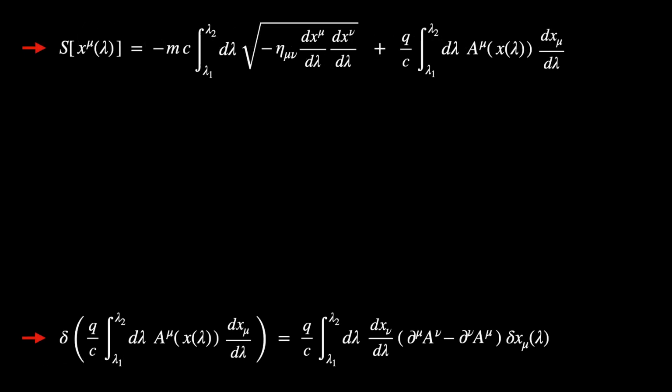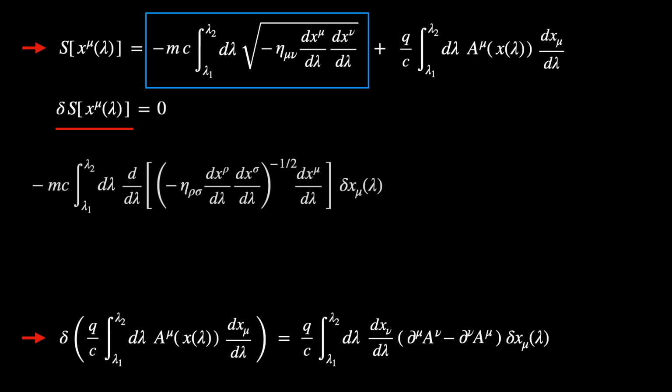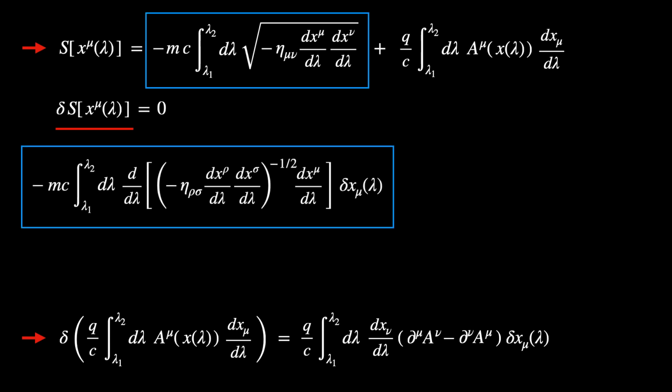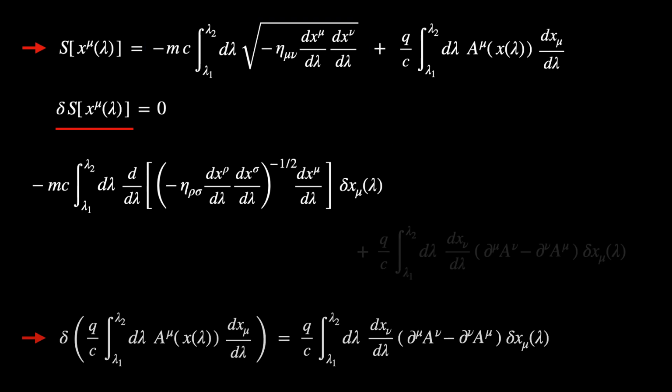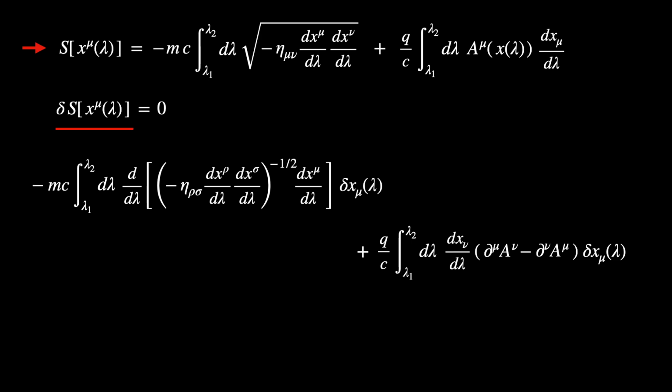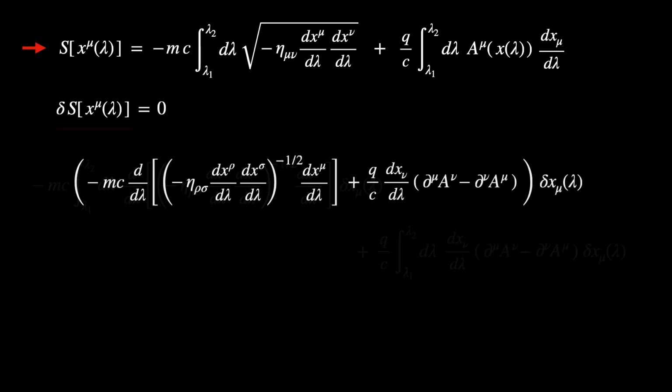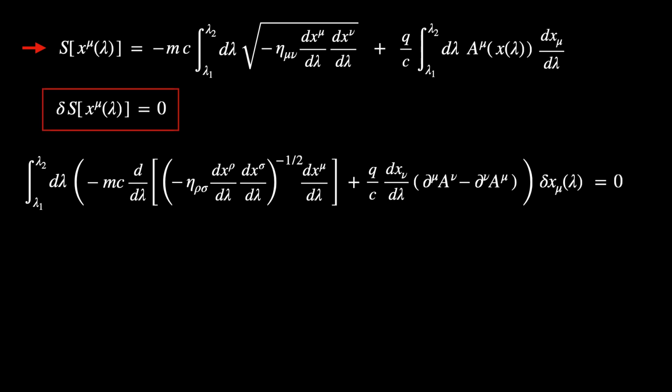We are now ready to look at the variation of the total action to get the equation of motion. The variation of the free term gives this, our earlier result, while the variation of the interaction term is what we have just calculated. Their sum must be equal to 0. Delta x being arbitrary means this term must be equal to 0.